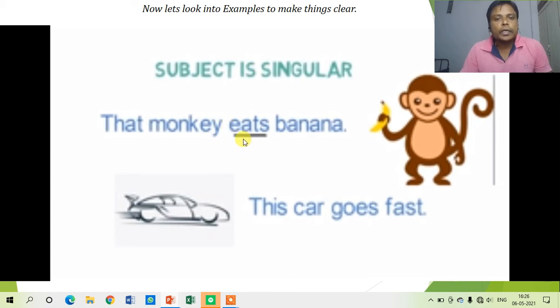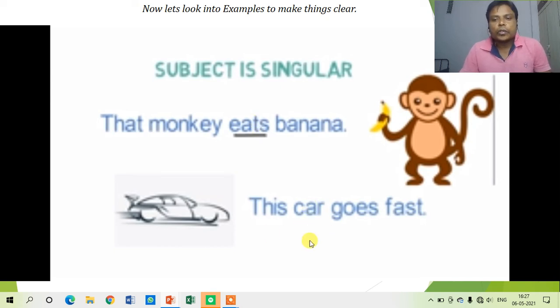So eats is a singular verb. This indicates that here the subject is singular, so we have used eats, which is a singular verb.